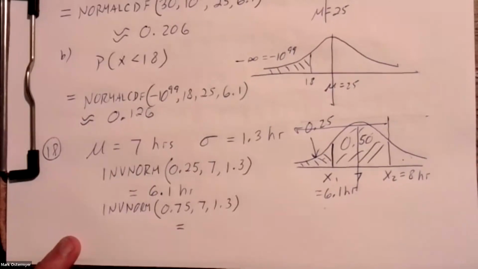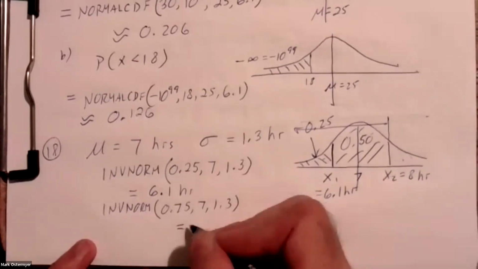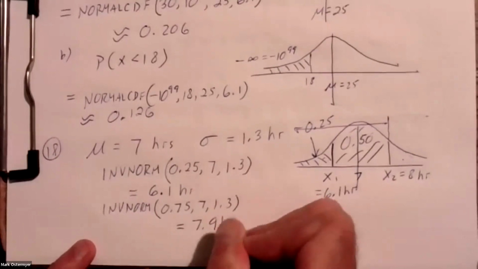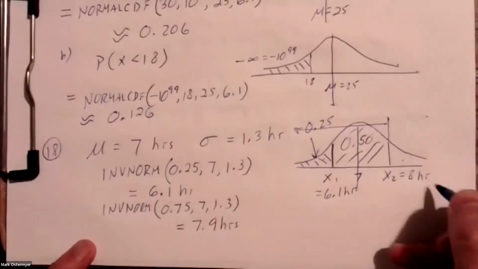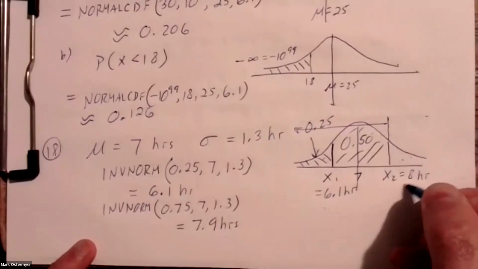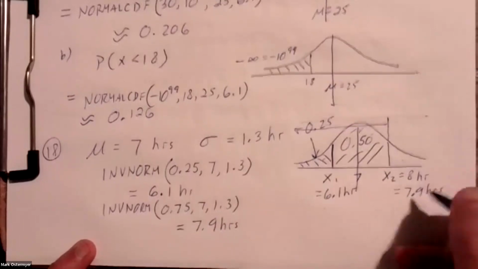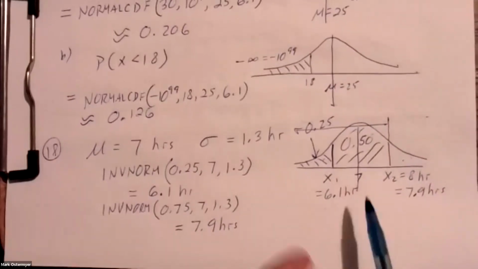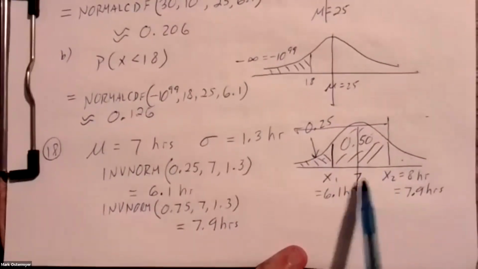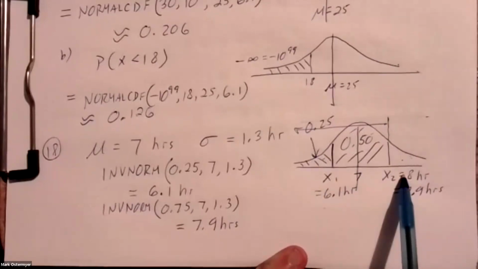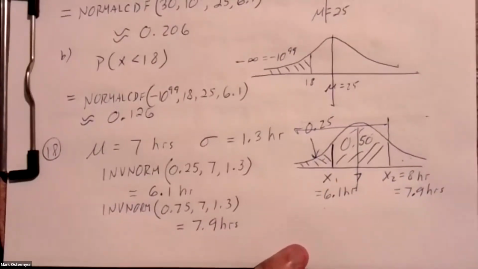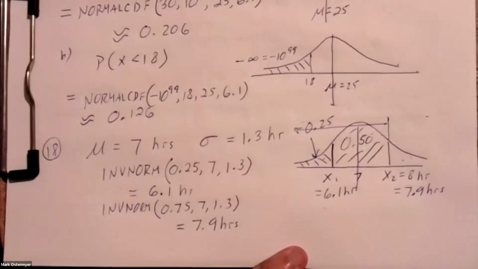That gives you about 7.9 hours. So this is more accurately about 7.9 hours. So about 50% of Americans view between about 6.1 hours and 7.9 hours of screen time. And that is problem number 18.